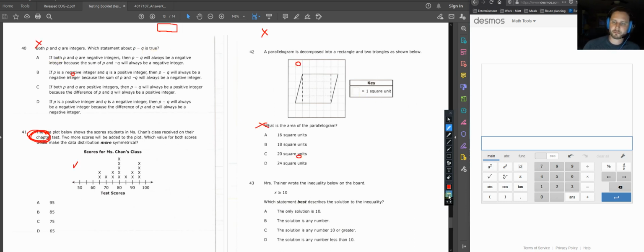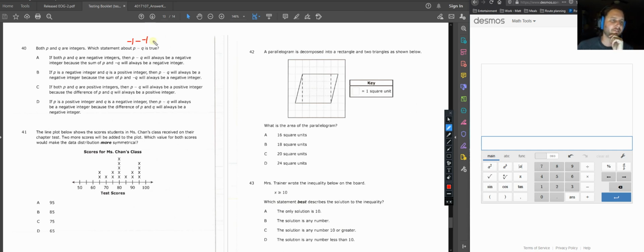If both P and Q are negative, so this would be -1 minus -1. If they are both negative, then P minus Q will always be a negative. Well, no, not necessarily.